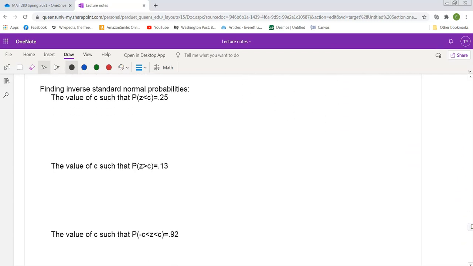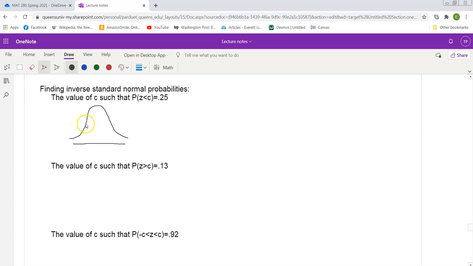We may also want to find inverse standard normal probabilities, meaning we may want to be able to find the value of z that corresponds to a certain probability. So for this first one, we're looking for some value c where 25% of the area is to the left of it.